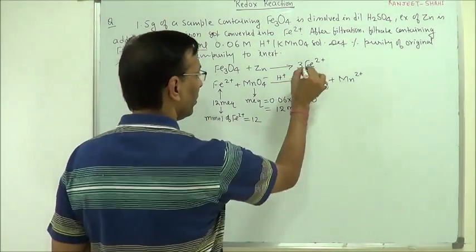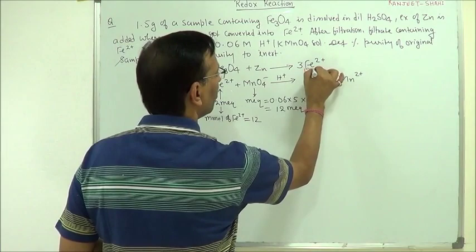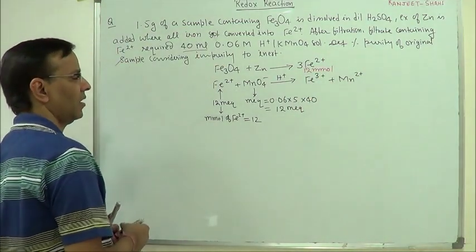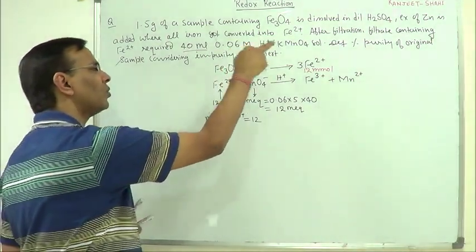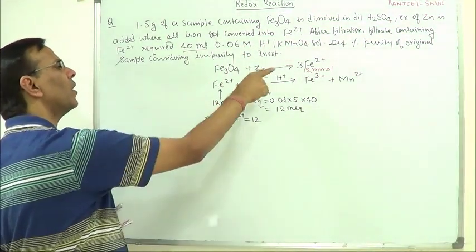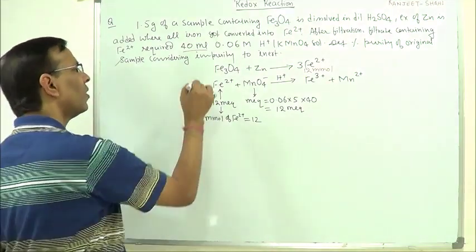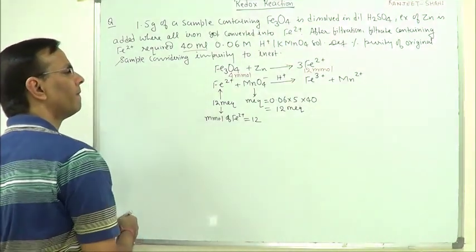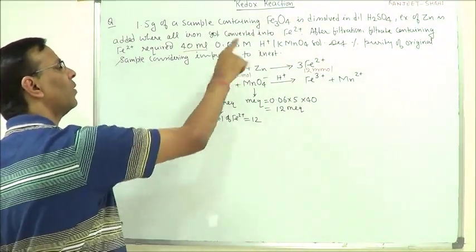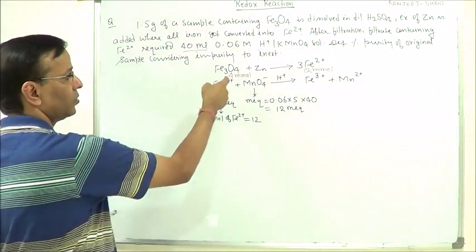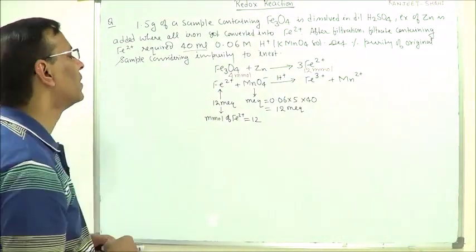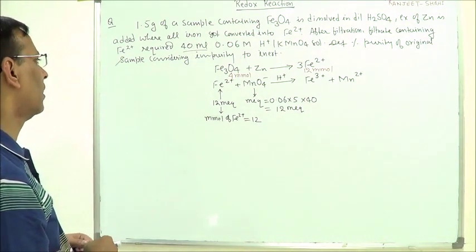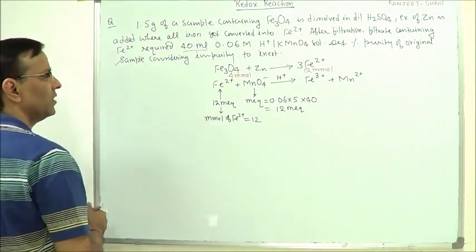Here we determined 12 millimole, and since 1 mole gives 3 mole, so 12 millimole will be obtained from 4 millimole. 1 gives 3, so 4 millimole will give 12. So now we know the millimole of Fe3O4, and once it is known, mass can easily be determined.